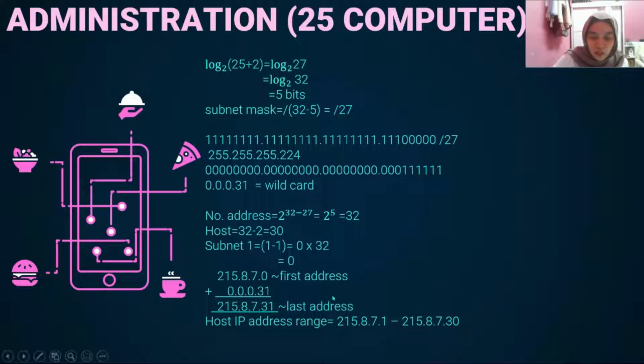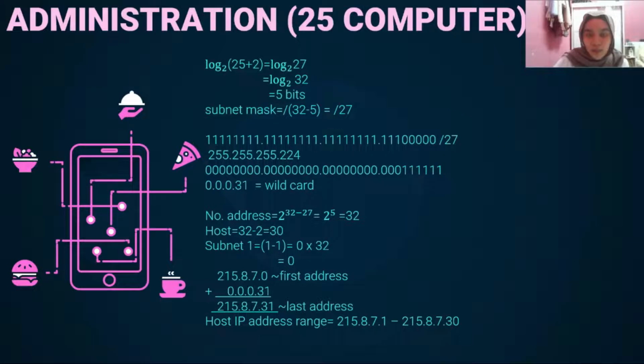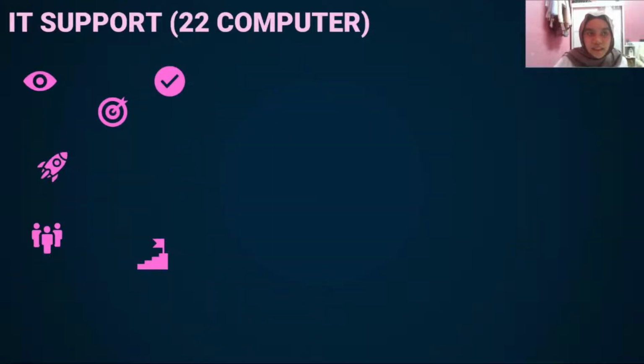And then by taking the last address, you minus 1 from it. That is how you get 215.8.7.30. The first host, 215.8.7.1, is also the default gateway. Next is the IT support, which has 22 computers.